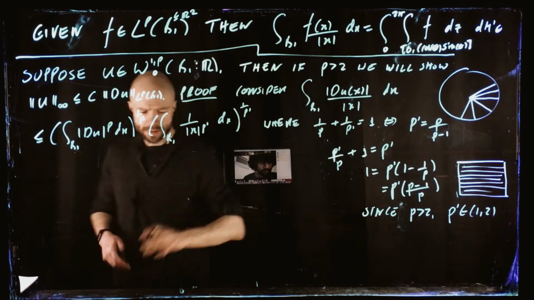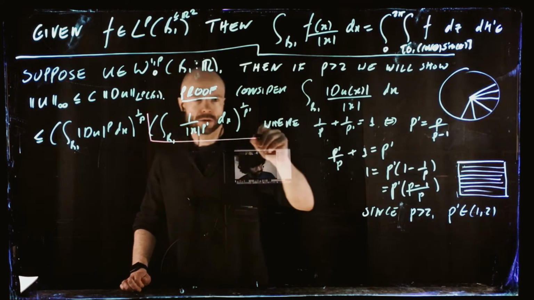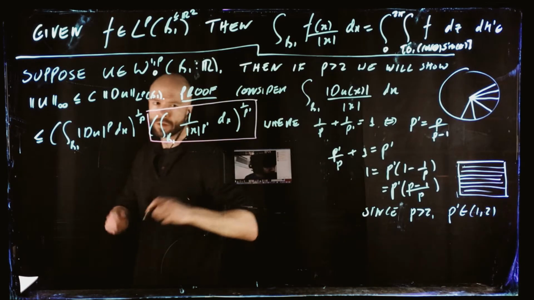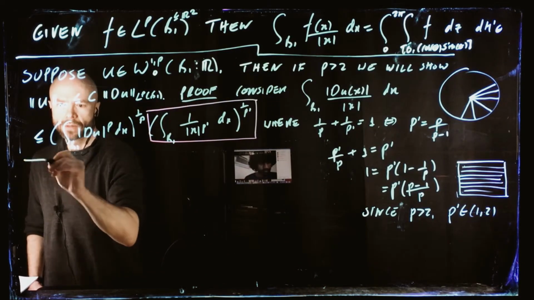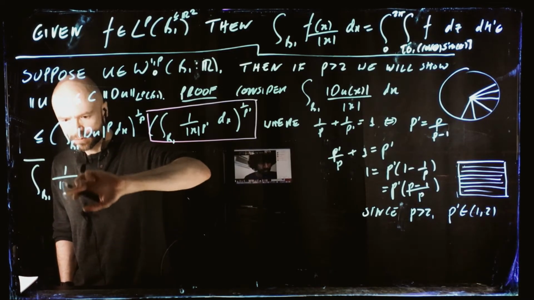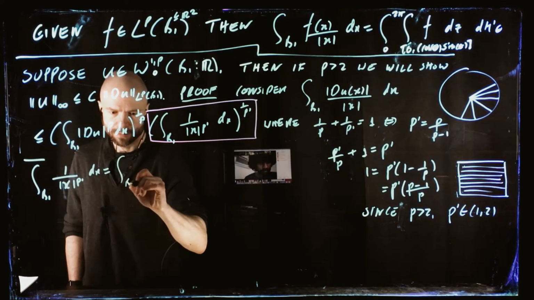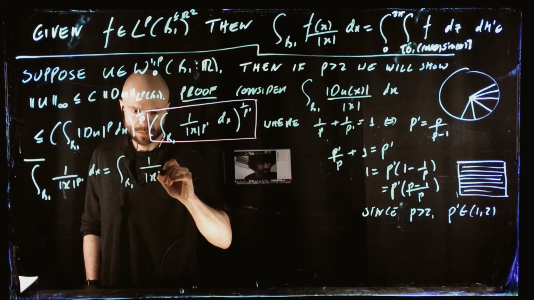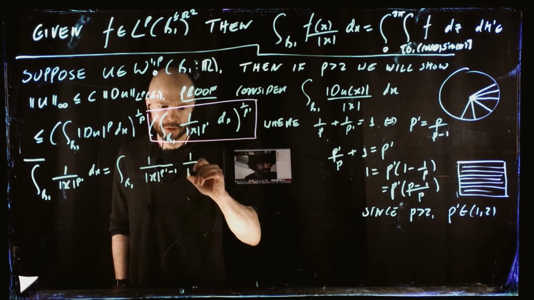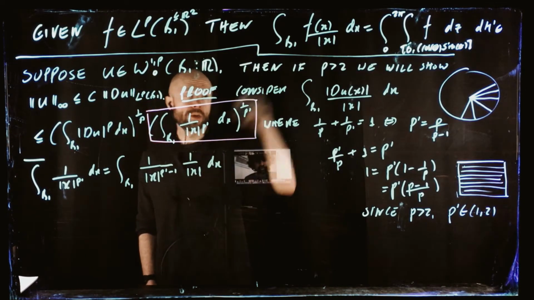Okay, so let's look at this term right here. Notice that if we do this integral, it's 1 over mod x to the p prime, like this. Just breaking up the powers, and then we can apply our formula, right?